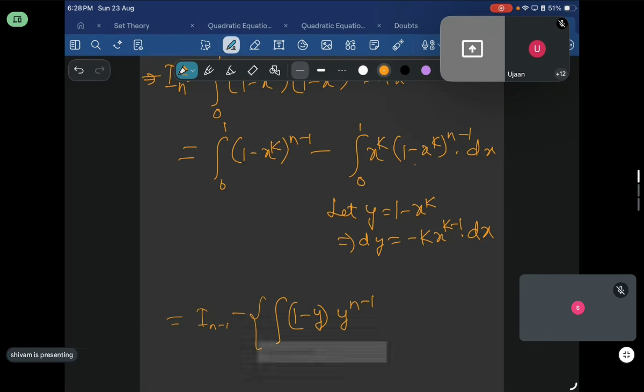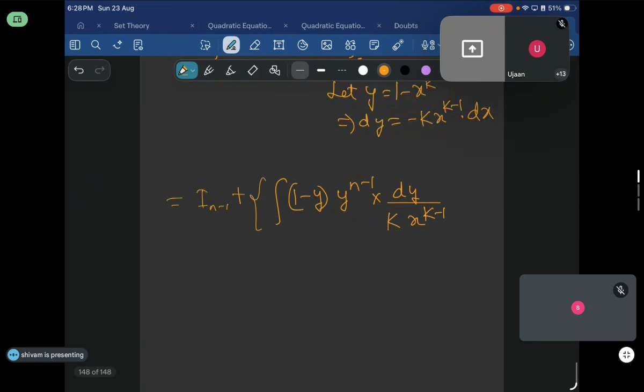Okay, and dy, what is dy? dx is equal to, minus minus will become plus, dy upon k into x to the power k minus 1. Right, tell me. Are you getting? But we have to find x to the power k minus 1 from here. Okay, it's again difficult. It's coming difficult from here.